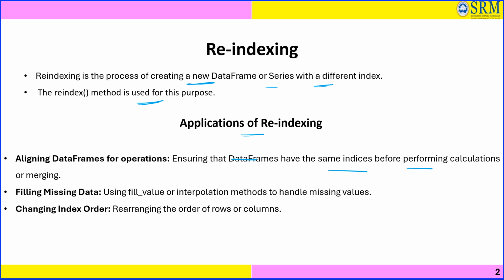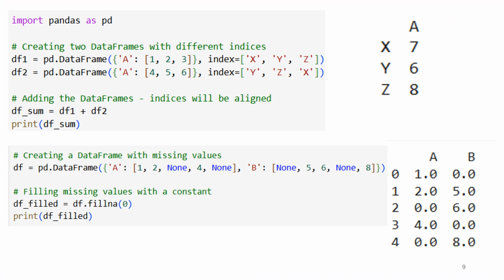So re-indexing can be applied in changing the index order, filling the missing data, and aligning data frames for operations. These are the examples for application of re-indexing.